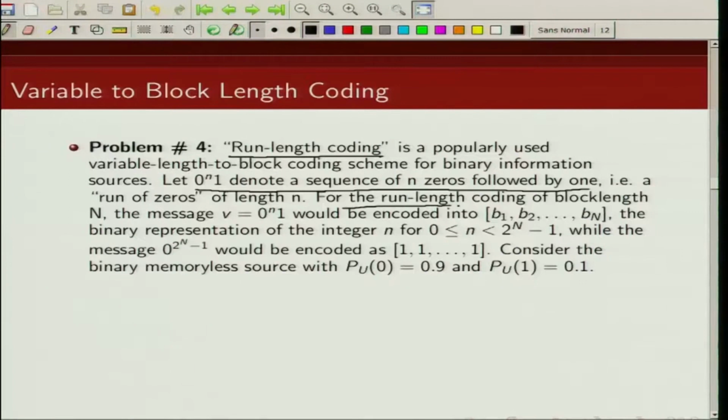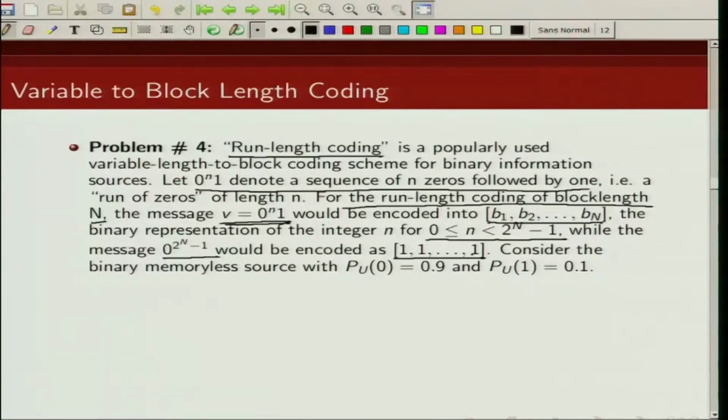For run length coding of block length n, the message, which is a run of n zeros followed by a 1, is encoded into a code word of length n, which is essentially a binary representation of the integer, where the integer lies between 0 and 2 raised to power n minus 2, and the all zero sequence is encoded as all ones.